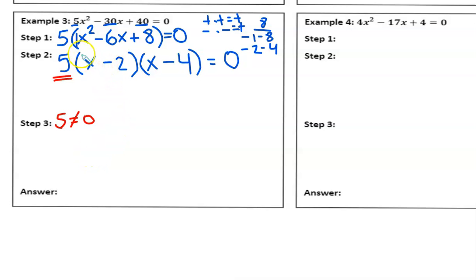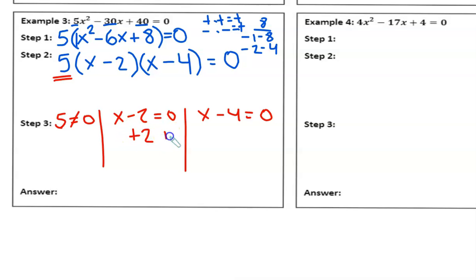All right, so find the things in parentheses right here, and these have x's in them. So I got x minus 2 equals 0, and then I got x minus 4 equals 0. So let's solve. So minus 2, so I need to add a 2 to both sides.